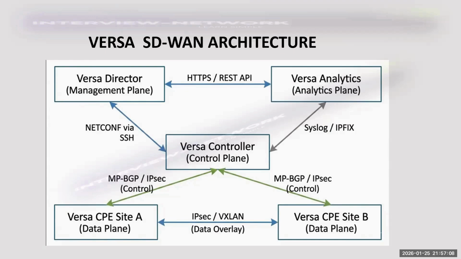Between Versa director and Versa analytics, we access it via HTTPS through the GUI. I hope this image is very clear to you about the Versa SD-WAN architecture. If you keep this image in your mind, you should know which protocol helps to look after any kind of issue and how it actually works.